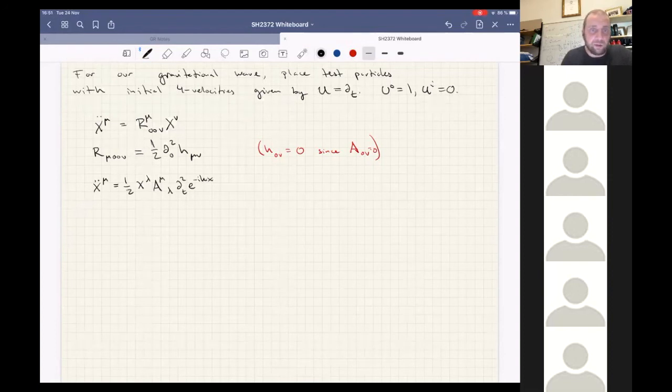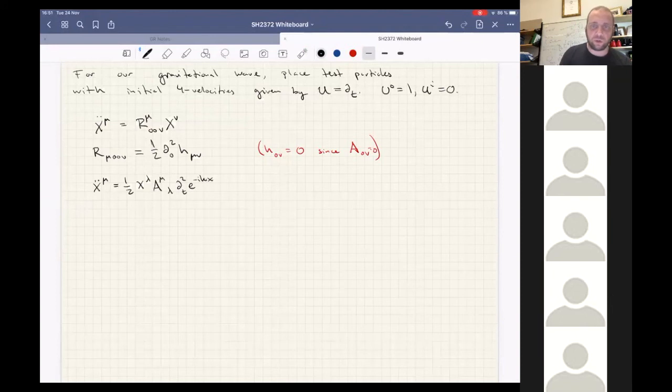But this is something that you can, in principle, compute, right? So what we can do now is solve, rather let's insert that.